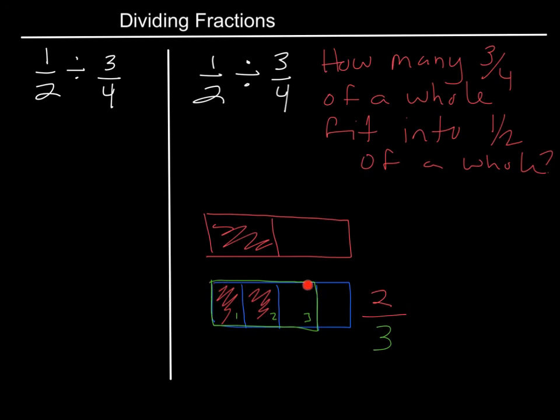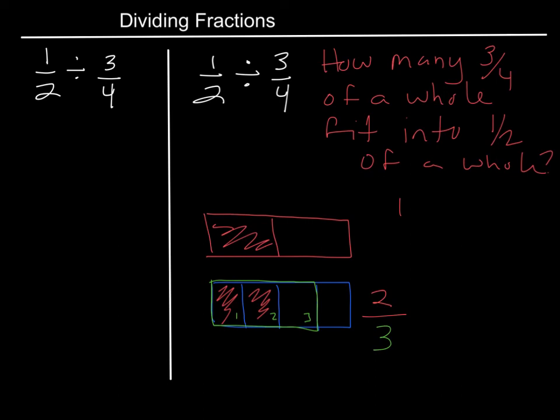So here is my 3 that is equal to the 3/4, and how much of this fits inside of that is right here. And so that means I have 1 part, 2 parts that fit, and a 3rd part that doesn't. So it's 2/3.